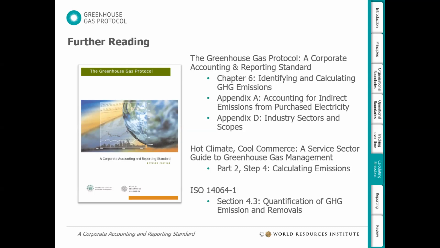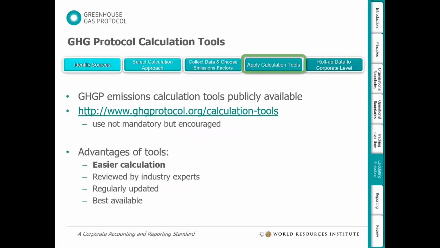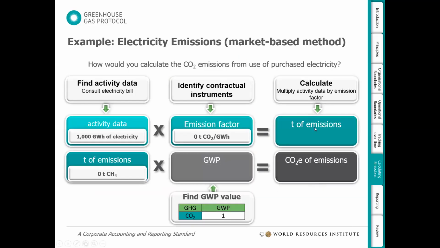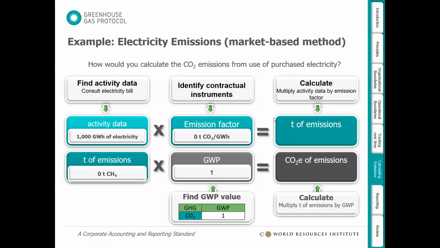To answer Jorge's question, he asked why the emissions were zero under the market-based method. Let me go back to that example. The emissions were 0 here because the company used an emission factor specific to a renewable energy certificate.